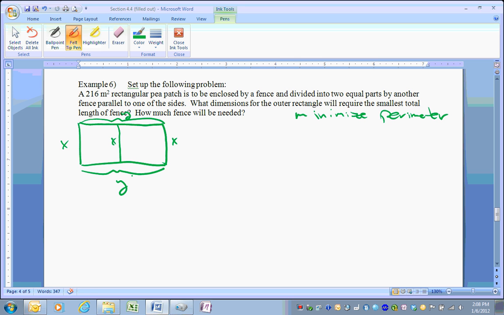How am I going to write the perimeter now? No, 3x plus 2y.